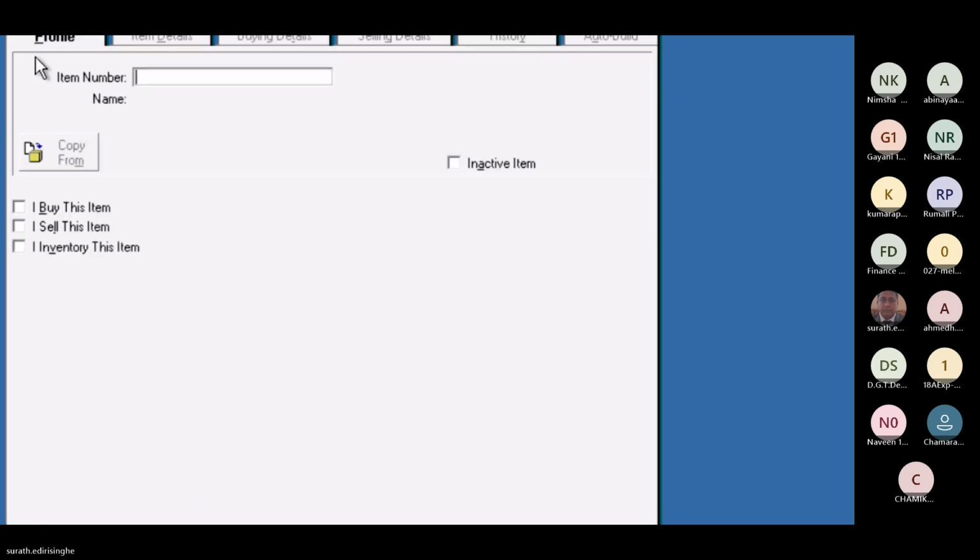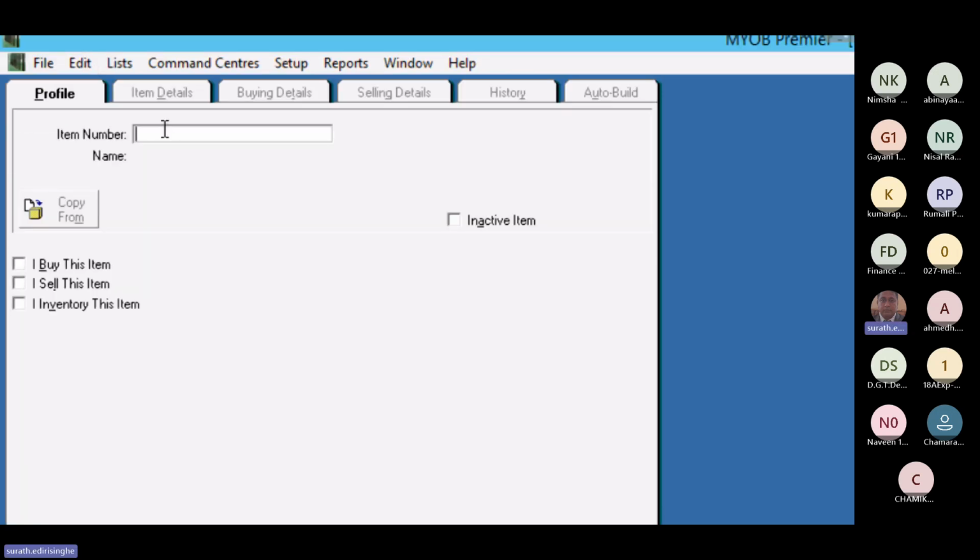This transaction will be tested in your final exam. Then I put here item number TRC tractor 001. Item name: tractor.